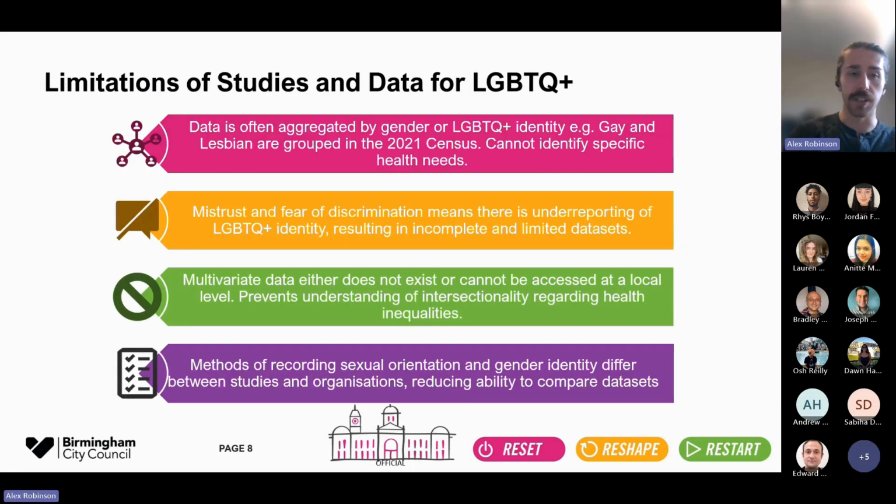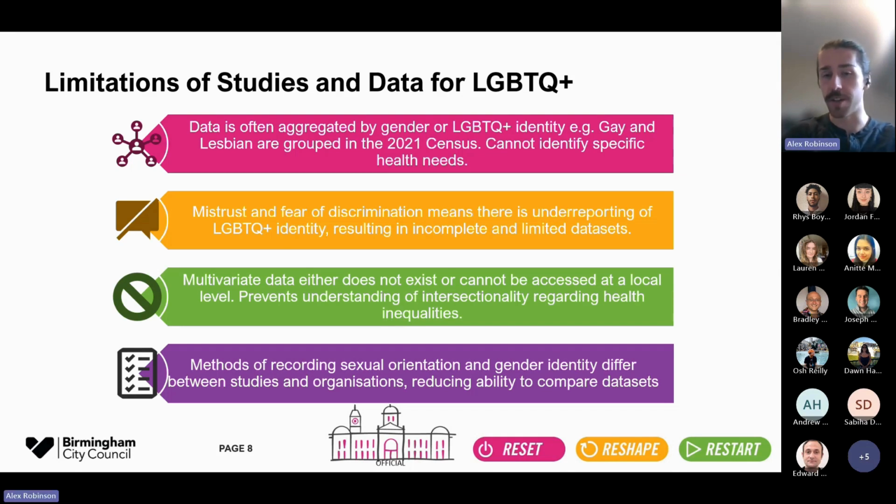Okay, so the limitations of some of the studies and data for the LGBTQ plus community are pretty significant. There are lots of issues with the availability and the quality of the data, which limits the capacity to understand the size of the community, but also to identify and address the health inequalities that they experience. I'll discuss some of those issues now. Firstly, data is often aggregated based on gender or LGBTQ plus status, meaning that different demographics within the community are grouped together and can't be differentiated.